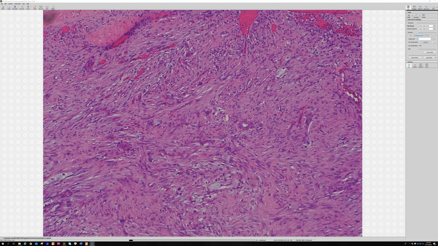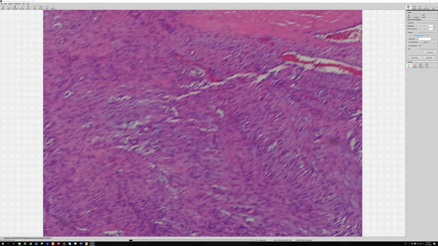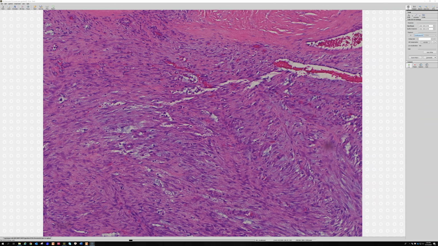So for years we thought that this thing was a reactive process because it often arises after trauma. It often goes away on its own. It looks like reactive myofibroblasts, and yet it seems to have a translocation, which kind of blows everyone's mind. It's so weird. But it seems like that's the case here. And do you know there is actually another process, not in soft tissue, but in bone, that has that same exact fusion sometimes.